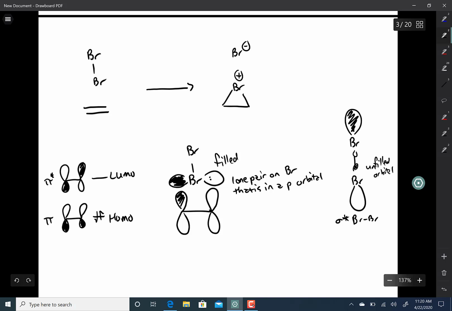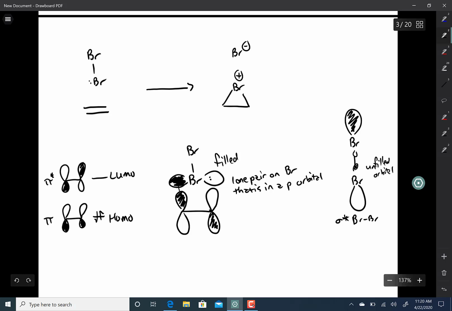And I'm going to make sure that it has the right shading, because notice here we have dark interacting with dark, unshaded interacting with unshaded. The shading matches. And so what we're interacting with is the filled orbital of the bromine, basically the lone pair in that p orbital, interacting with the LUMO of that.